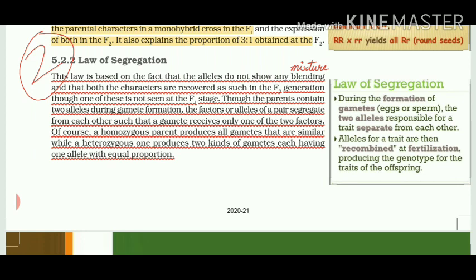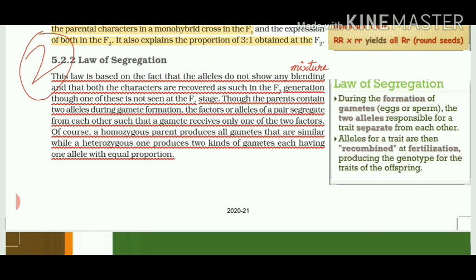According to Mendel, in the law of segregation also there is no mixture found. Both the characters will be recovered back. Why so? When pure tall are crossed with pure dwarf, the outcome in the F1 generation was hybrid tall. But when these hybrid tall were self-crossed with each other, the parents also appeared.